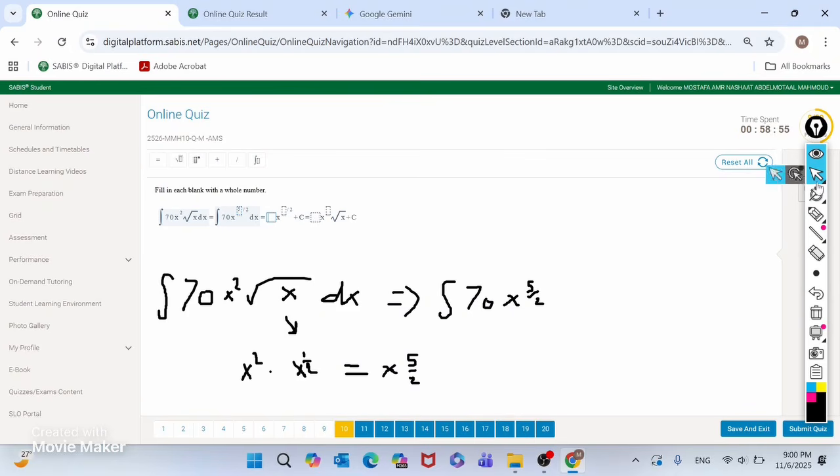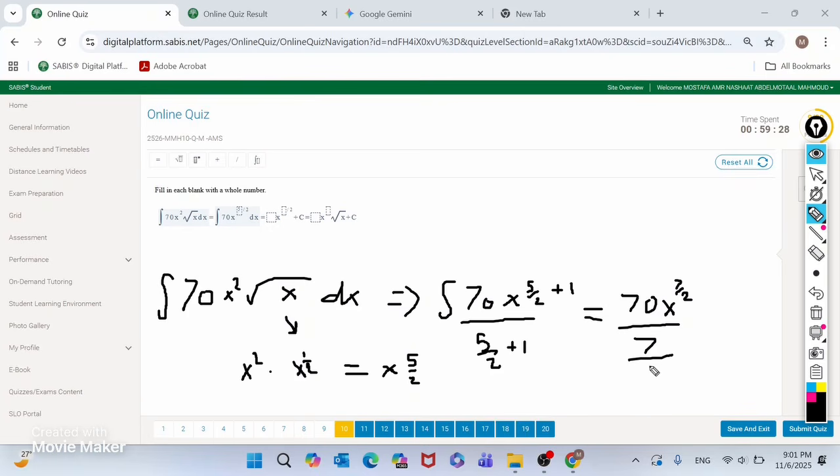And now you integrate. How do you integrate? You add 1. So 5 over 2 plus 1 gives you 7 over 2. So 70 x to the power of 7 over 2, over 7 over 2.